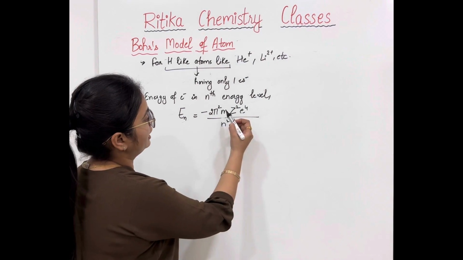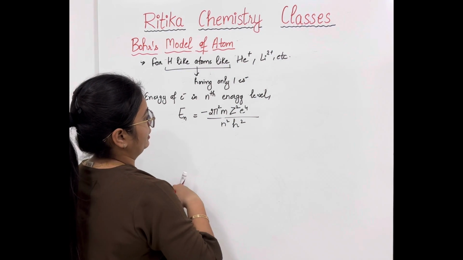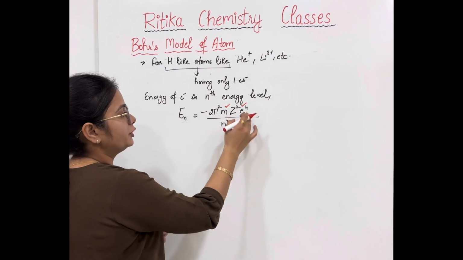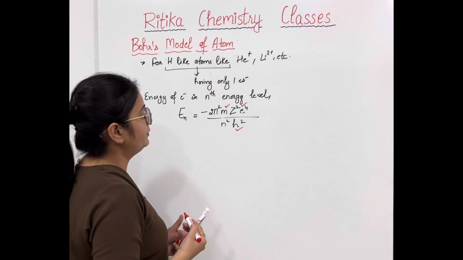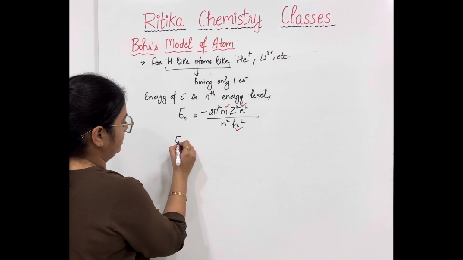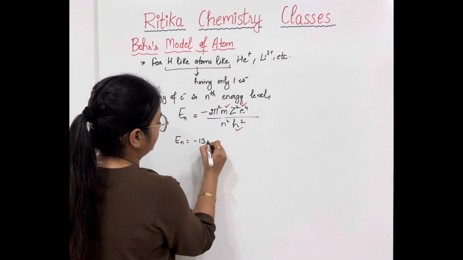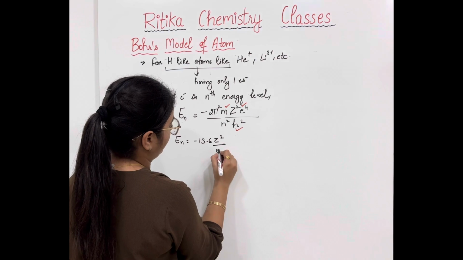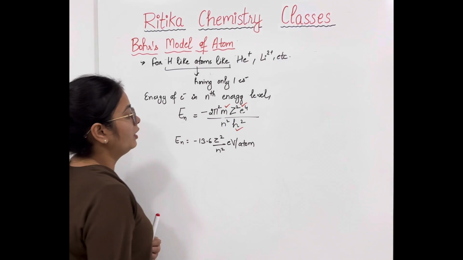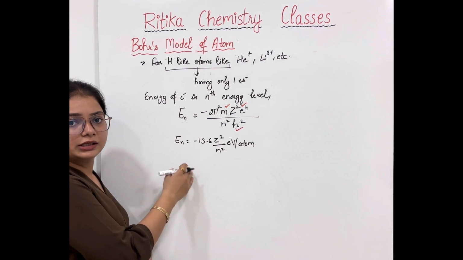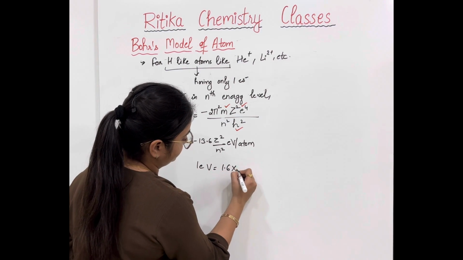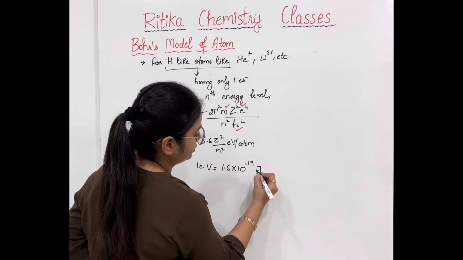As you know, m, e and h are all constants. So substituting the values of all these constants, including 2 pi square, we get the energy as En equals minus 13.6 Z square upon n square electron volt per atom. If we want to calculate this energy in joules, we know 1 electron volt is equal to 1.6 into 10 raised to the power minus 19 joule.